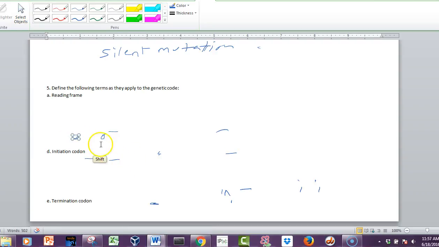Again, I don't like to go too much into the historical stuff here about how Nirenberg and all these people figured out the genetic code. And that's interesting stuff, but it happened in like 1945 and we got to move on. So a lot of people like to go through all the history.